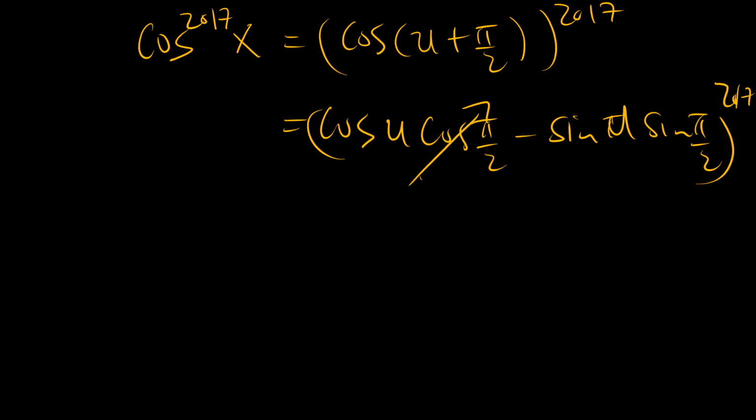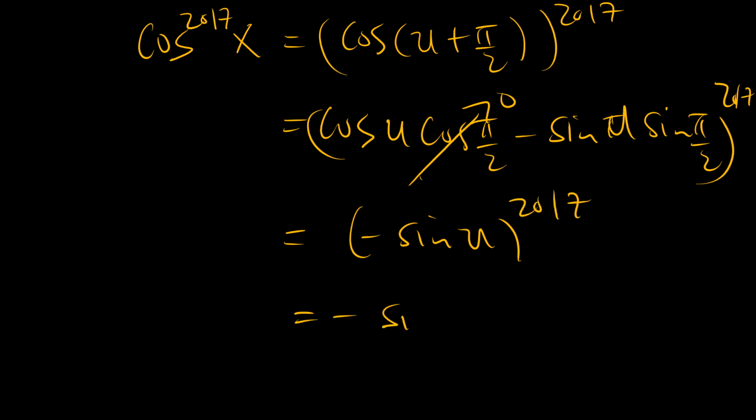This tends to 0, so we have negative sine u, because sine pi over 2 is the same as 1, and so we have negative sine 2017 u.